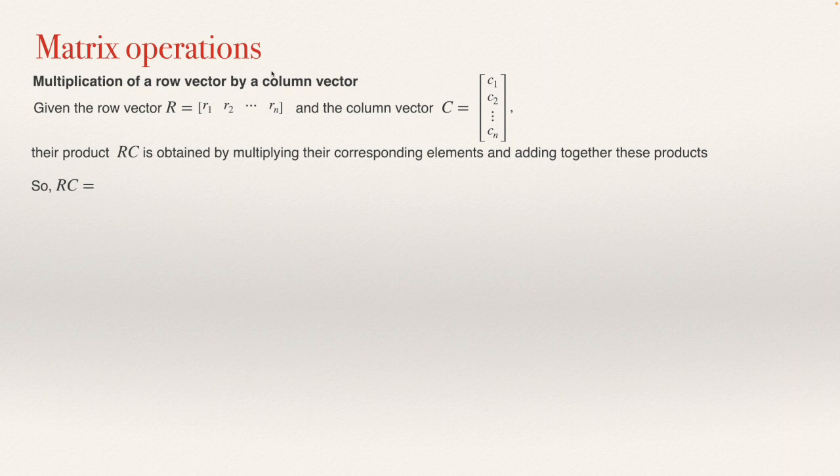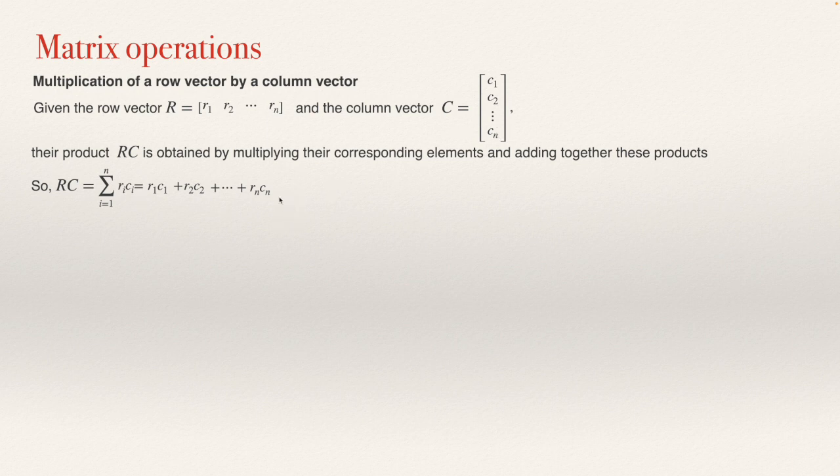RC will be R1 times C1 plus R2 times C2 plus, I will be using this symbol for adding when I say adding together all the elements. So the sum of all the elements Ri Ci. So it will be equal to R1 times C1 plus R2 times C2 plus R3 times C3, etc., until the last element that will be Rn times Cn.